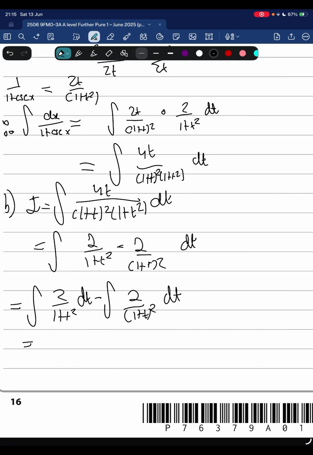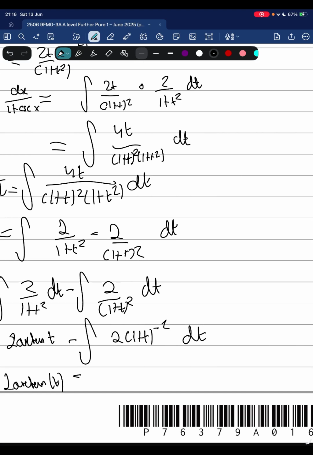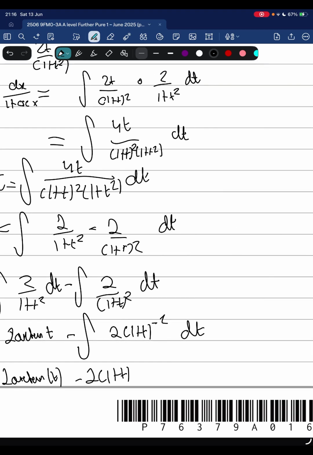So we're going to write 2 arctan of t minus the integral of 2 times (1 plus t) to the minus 2 dt. Now we can reverse chain rule this, because if we differentiate (1 plus t) to the minus 1, we get minus (1 plus t) to the minus 2, right? So the answer is going to be minus 2 times (1 plus t) to the minus 1. But it is a minus in the integral, so we put a plus.